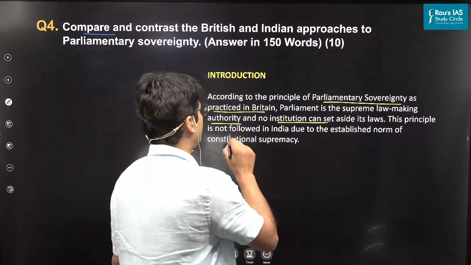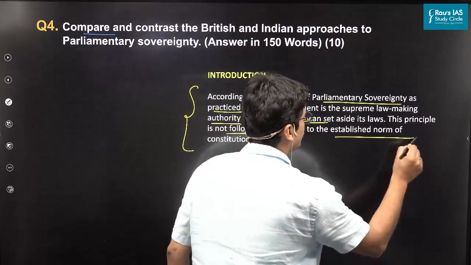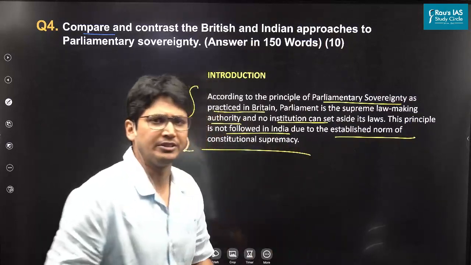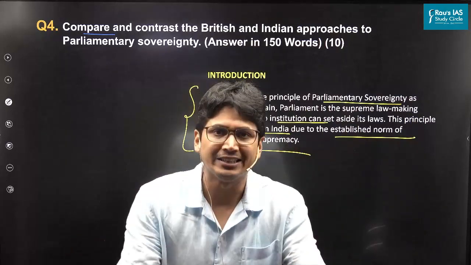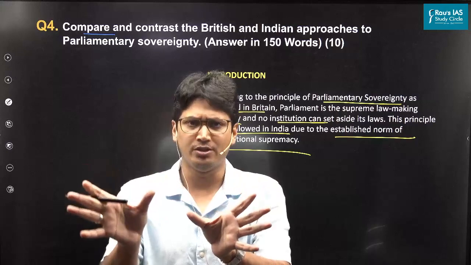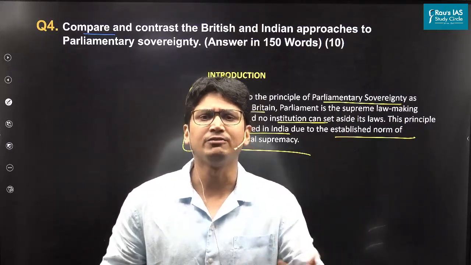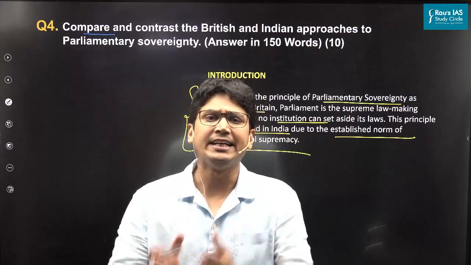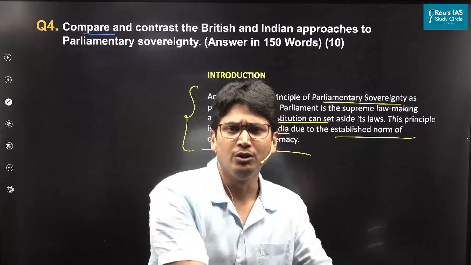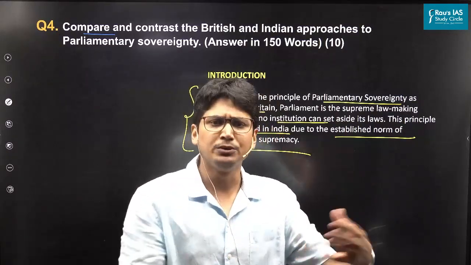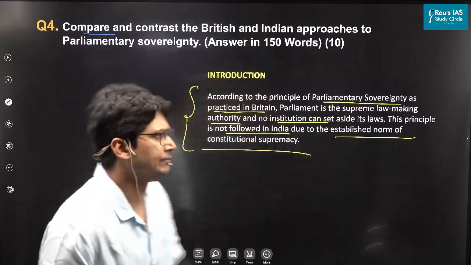However, this principle is not followed in India due to the established norm of constitutional supremacy. So, in the introduction itself, we have bifurcated this concept, explained the concept of parliamentary sovereignty, and also stated that in India we do not exactly follow the parliamentary sovereignty or supremacy as practiced in Britain.